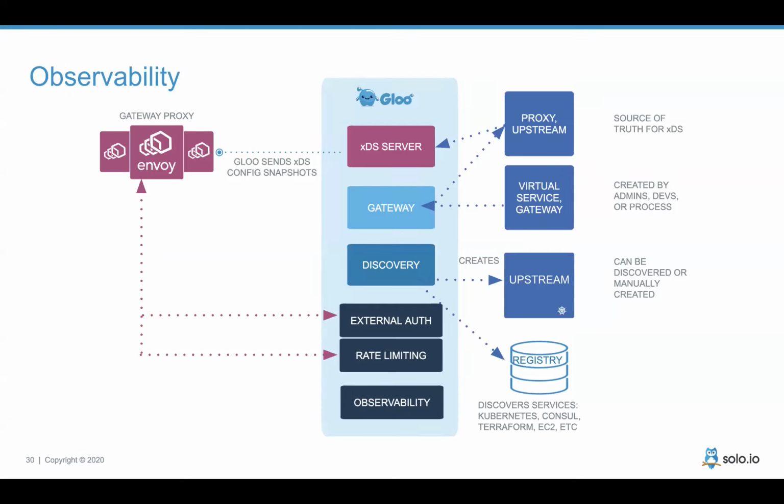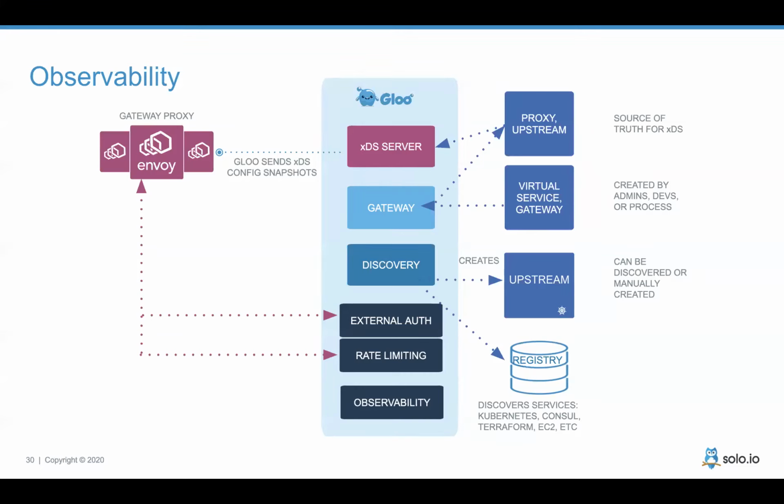And then the last key component of Gloo is observability. The observability pod is responsible for watching the upstreams that you have across your Gloo configuration. And then it dynamically creates dashboards for each of those upstreams, showing things like error rate, total request throughput, and latency, so the latency through the proxy to that particular service.